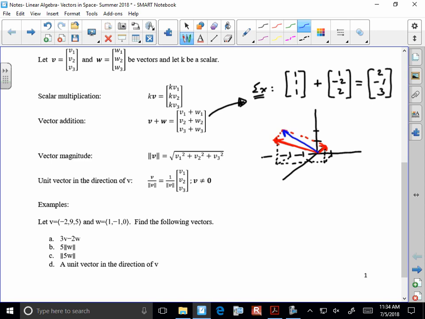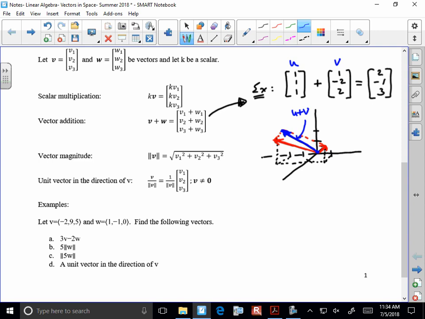So if I'm calling this U and this V, this blue vector here would be U plus V. Okay, so that was the way you should have done it.